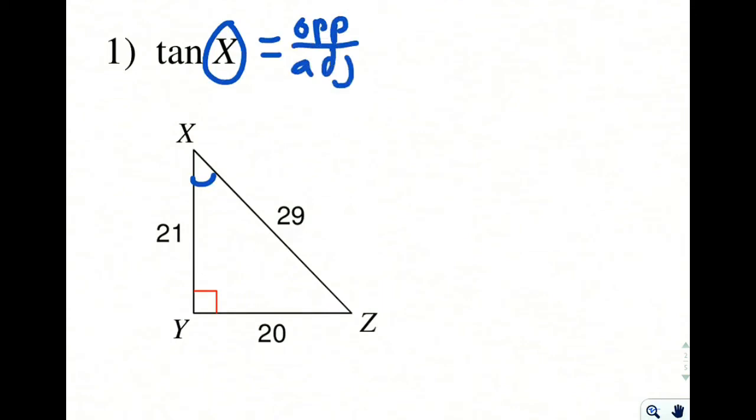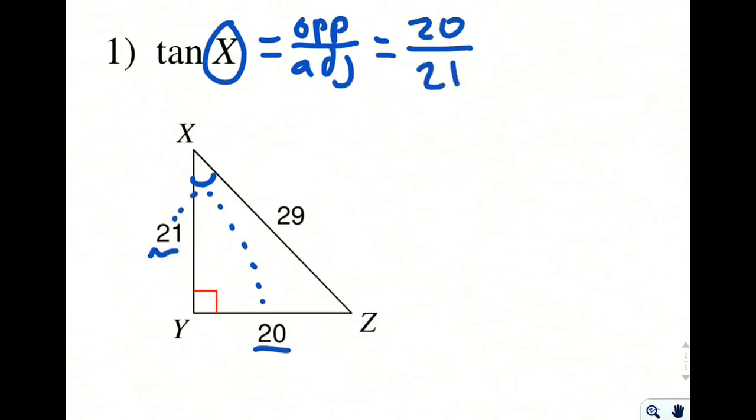The opposite from angle x is going to be 20. And the adjacent is the side next to it that is not the hypotenuse, which is going to be 21. So the tangent of x is equal to 20 over 21.